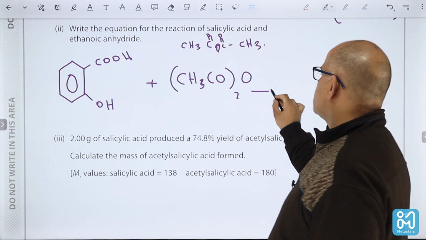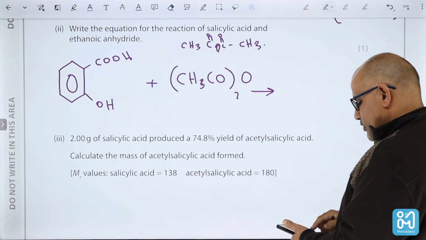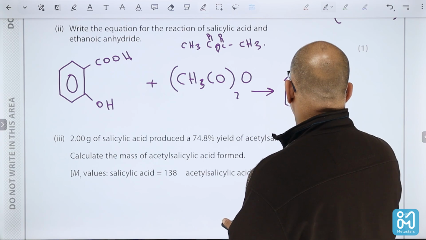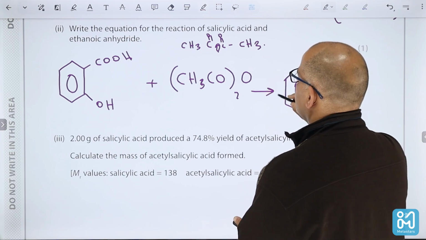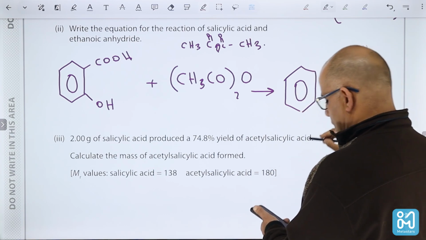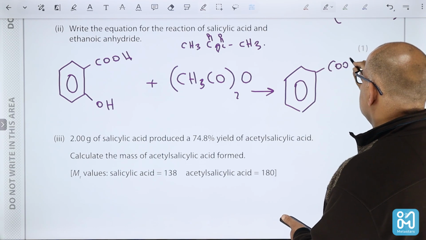This will give us what? This will give us this structure. The first one is here. We will do the carboxyl group, or the carboxylic acid as it is.